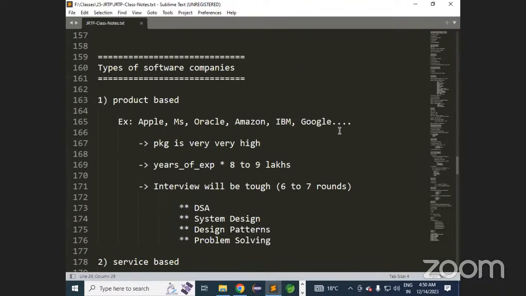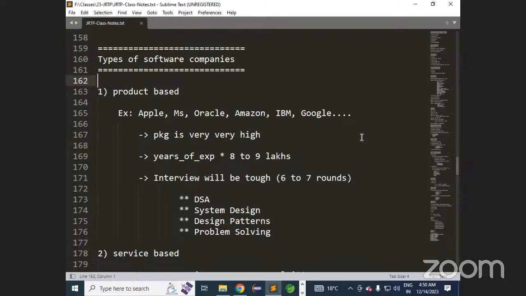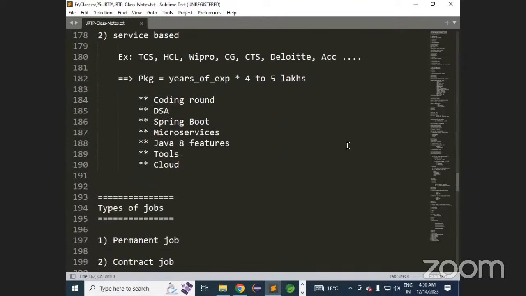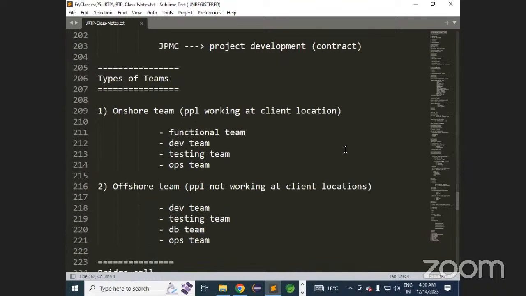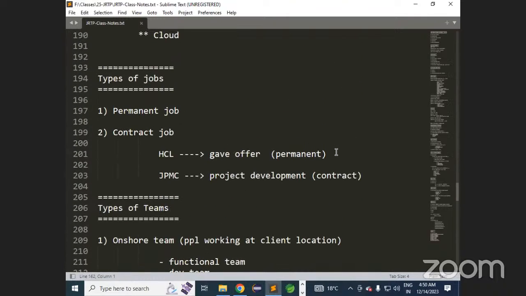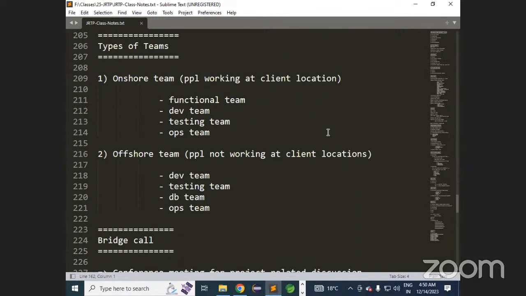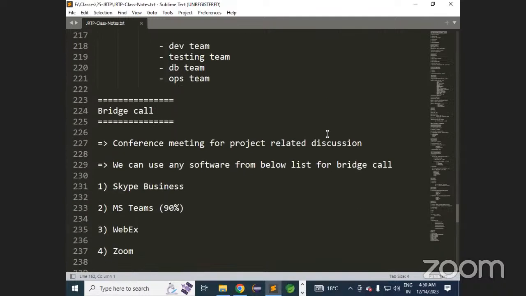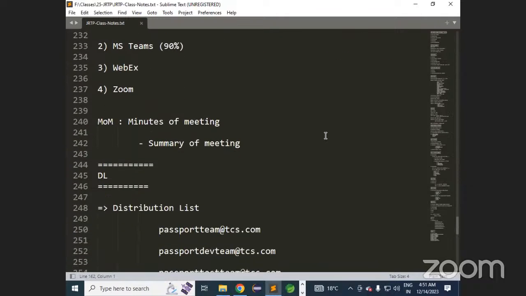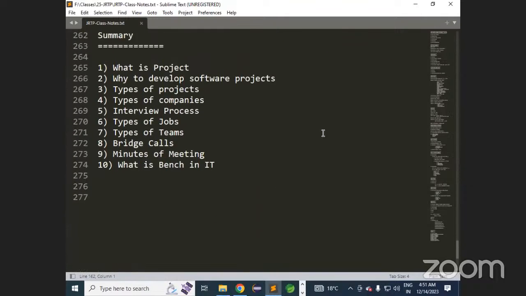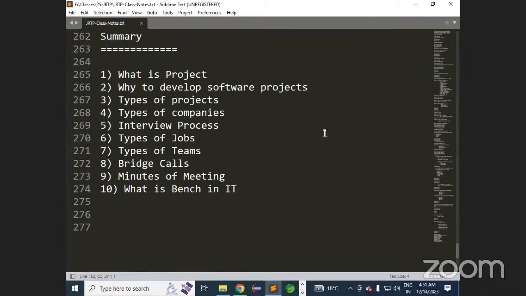How many types of software companies are available, and how the interview process works in those companies. Then how many types of jobs are available in the industry, what is a permanent job, what is a contract job, how many types of teams are available, what is an onshore team and offshore team, what is a bridge call, what is minutes of meeting, what is the DL. These are the concepts that we discussed in the last session.